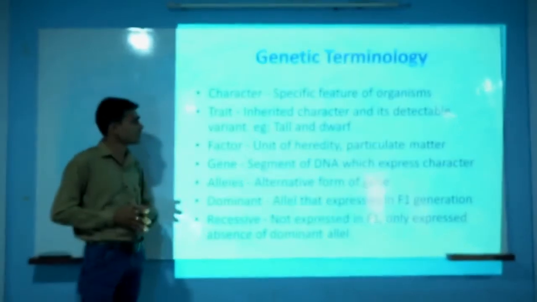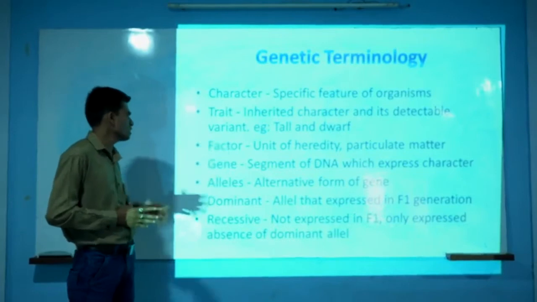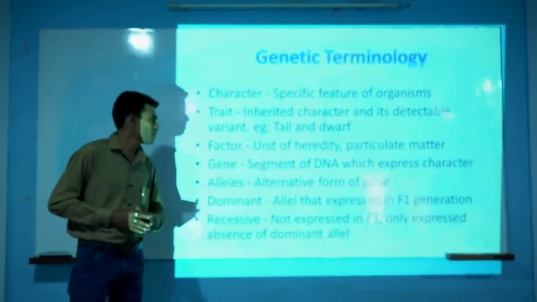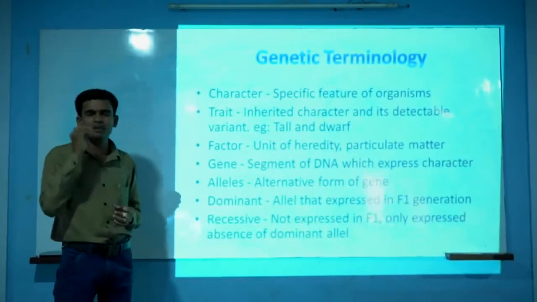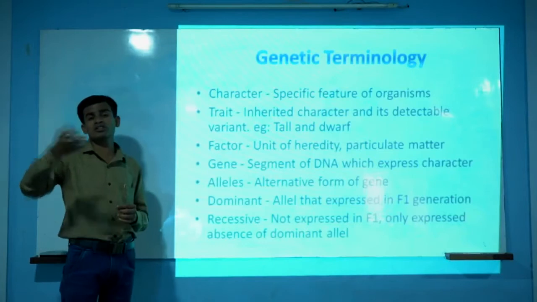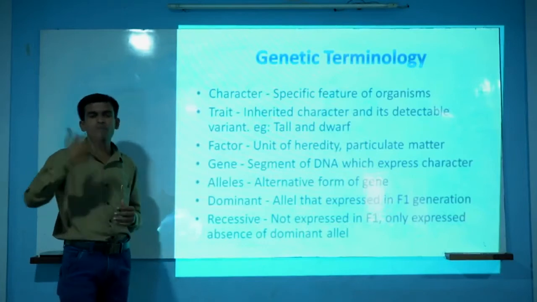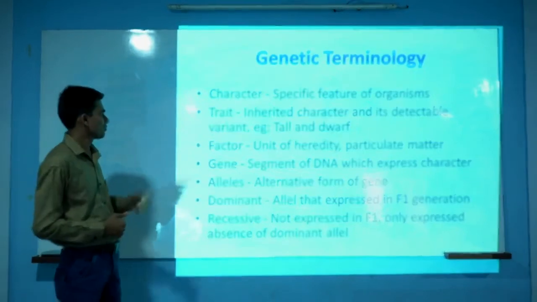Next, factor: unit of unity or particulate matter. As I already told you, a factor is a particulate matter present in organisms which is responsible for the expression of the character from parent to offspring, from one generation to the next. That is what we call a factor.